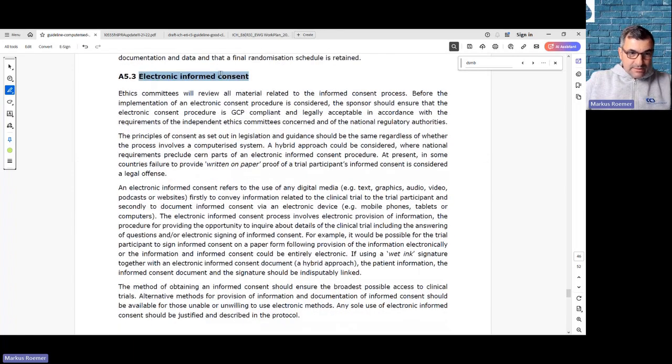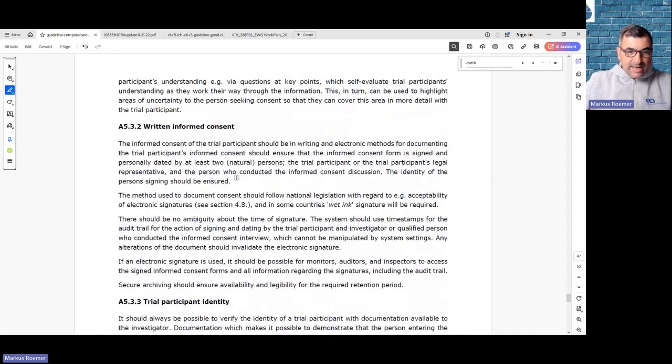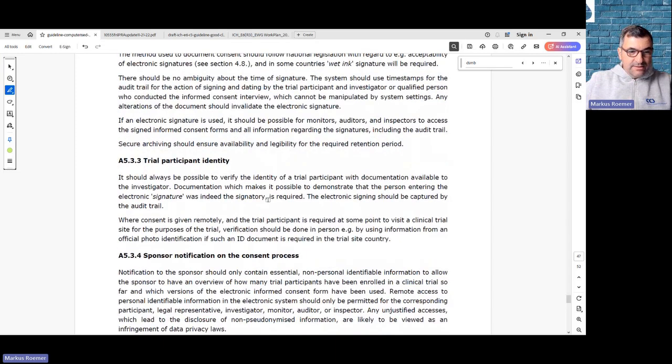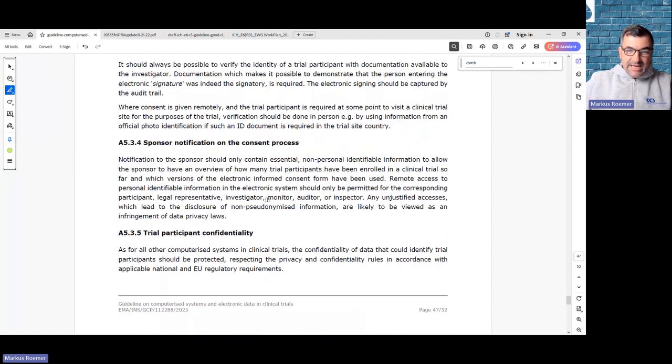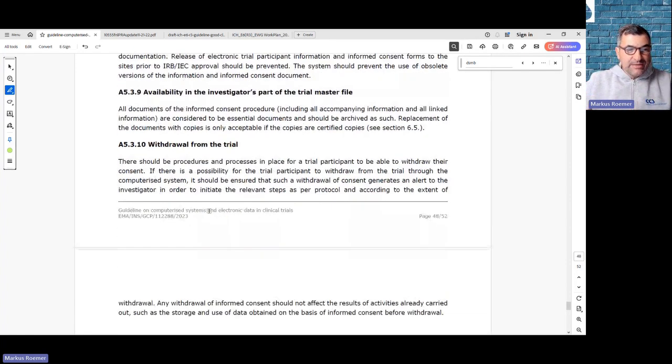Very important. Yes, very important. And how you do that, how you manage the data, the written informed consent, sponsor notifications, trial participation, confidentiality, very important. So you see it's really taking into account every GCP aspect.